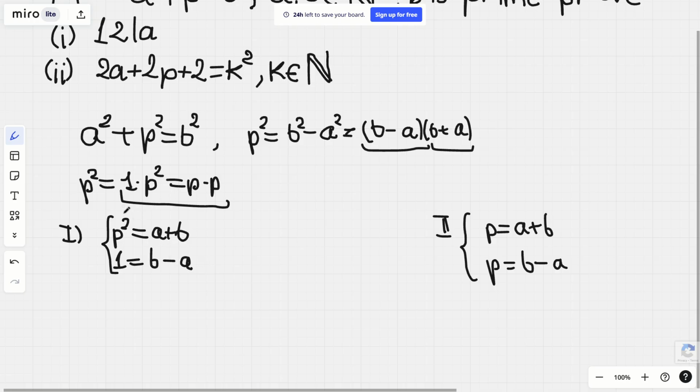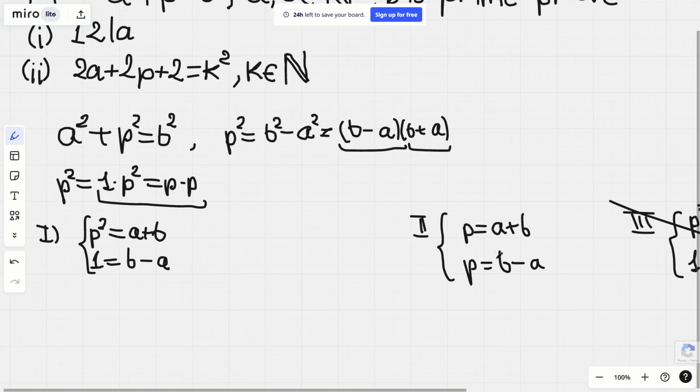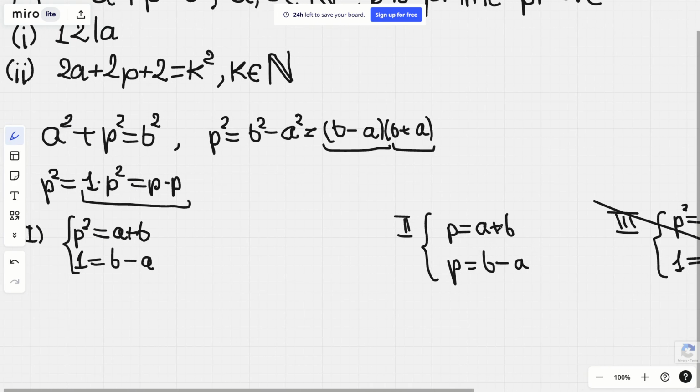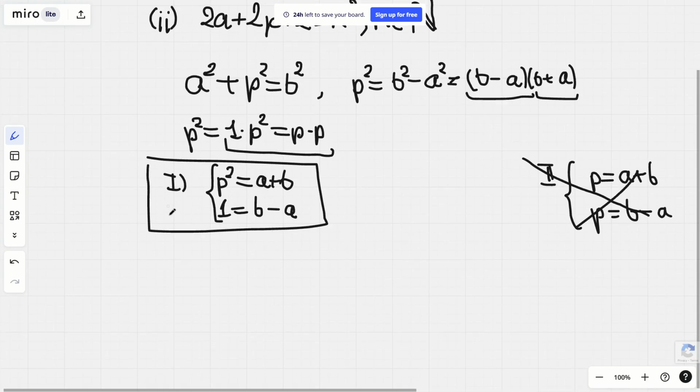Or there can be another case, which says that p squared is b minus a and 1 is b plus a. But of course this one is nonsense, it can't be, because a and b are positive integers, so we have only one case.